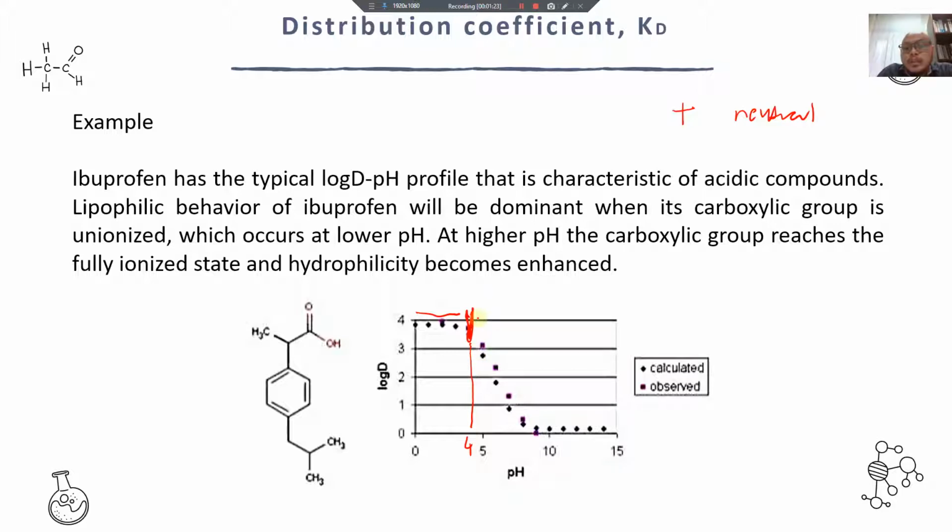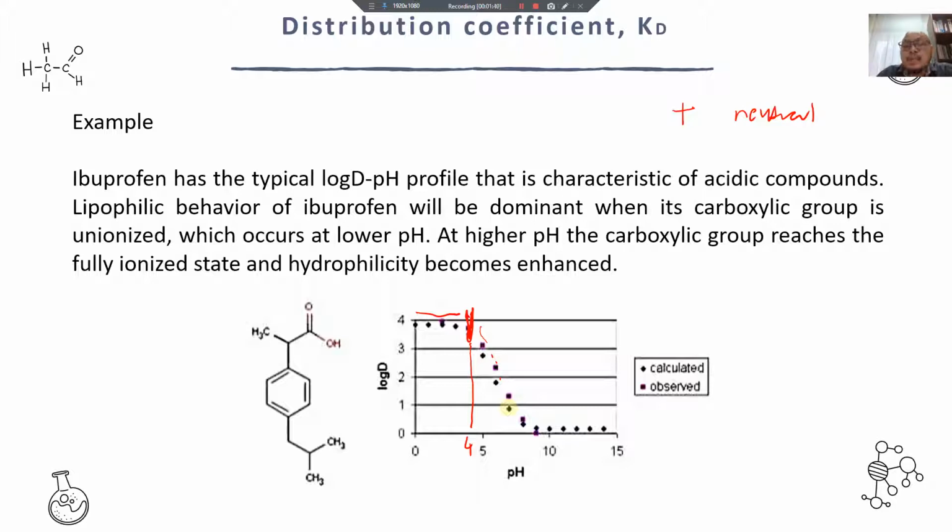If you look over here, the graph starts going down. The log D goes down, which means some dissociation of a proton occurs, a process of deprotonation.